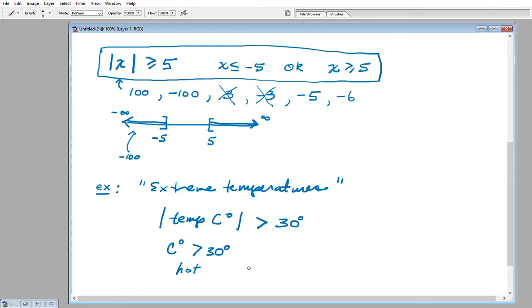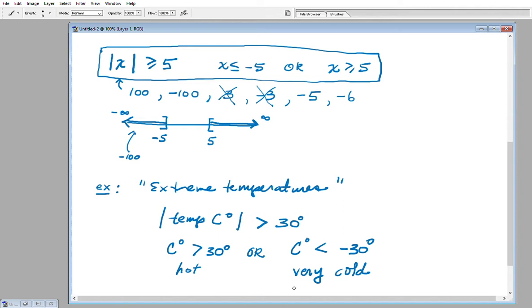30 degrees Celsius is, I think it's like high 90s. Okay, so that's very hot. Or this means the temperature is less than minus 30 degrees. Okay, and that's very cold. That's something like minus 25 degrees Fahrenheit, something like that.